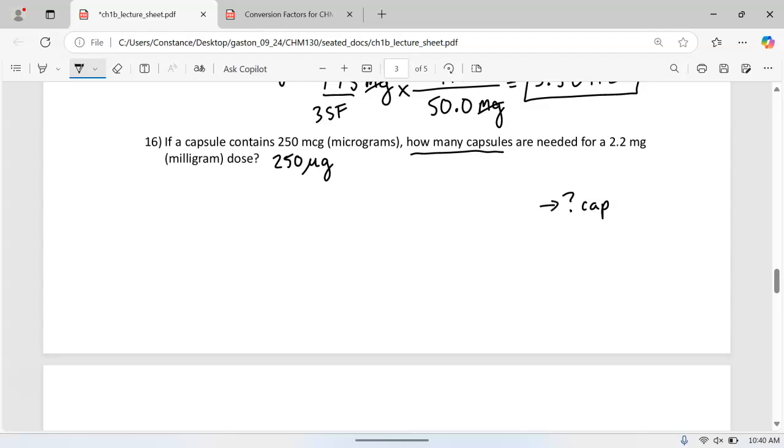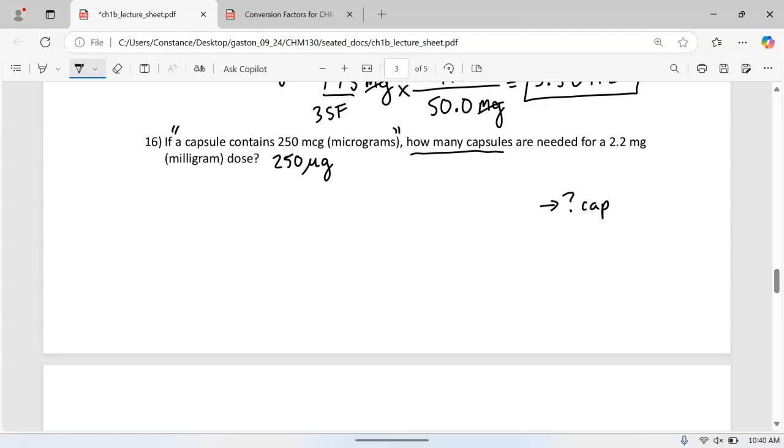Now, what's my given information? Well, we've got 2 numbers given to us, and both of them look like single units. We've got micrograms, or we've got the 2.2 milligrams. But the problem is that 250 micrograms is in a phrase. It says a capsule contains 250 micrograms.